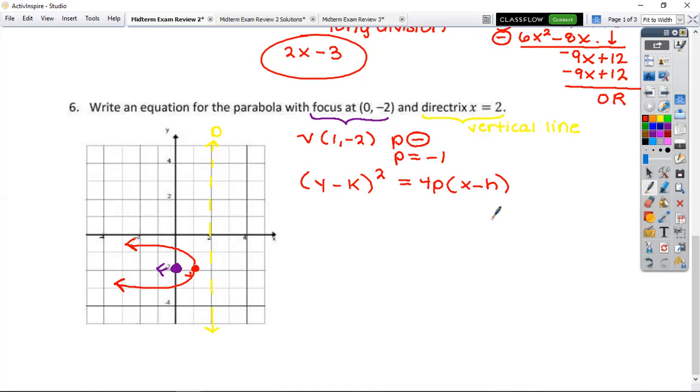This is the equation that you use for your sideways parabolas. So anything that goes like this or like this. And I'll do this for you too. So this one would have a positive p-value, and that one would be negative.